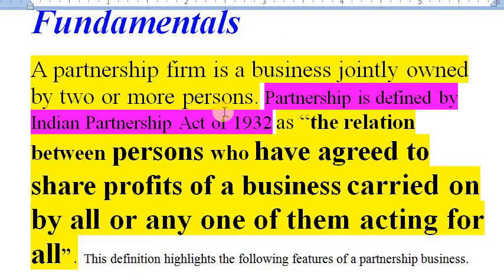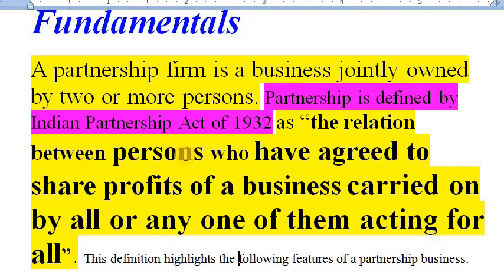See, there are 2 or more persons doing the business who are known as partners, who have agreed to share profits of a business. Okay, there is a business and the partners have agreed to sharing of profit. There is a business carried on by all. Okay, that is principal agency thing. Okay, or any one of them acting for all. So that definition has all the features of a partnership business.